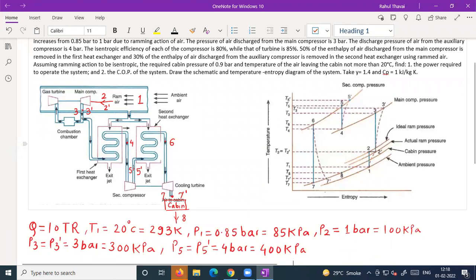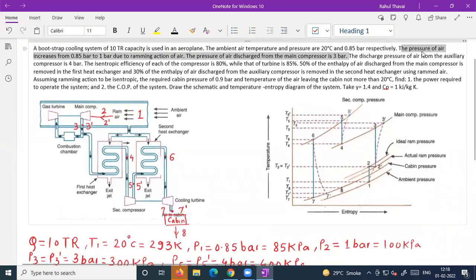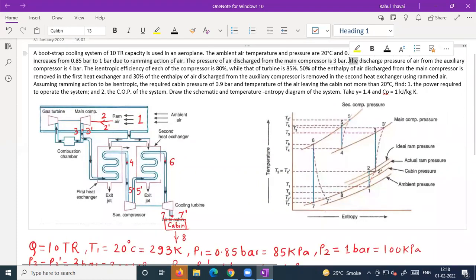The exit is indicated by point number 5 or 5 dash, because they are lying on the same pressure line. So pressure at point 5 and pressure at point 5 dash are the same, that is 4 bar. It is mentioned in the problem: the discharge pressure of the air from the auxiliary compressor is 4 bar.